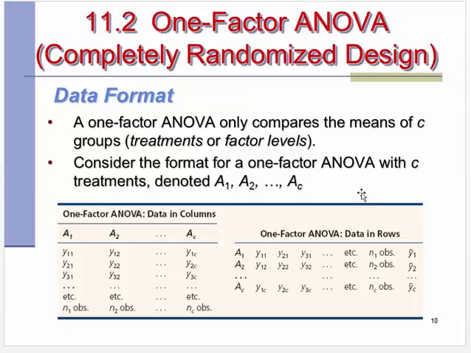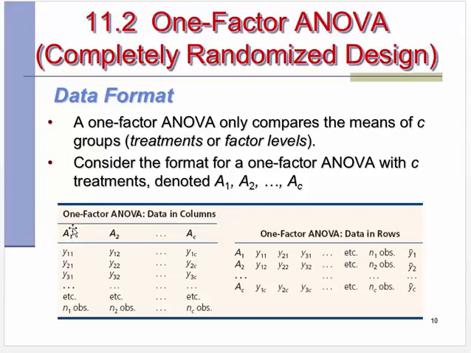Data format. If you use Excel or some software, a one-factor ANOVA only compares the means of C groups. C is the number of groups, treatment groups, or factor levels. Consider the format for one-factor ANOVA with C treatments denoted as A1, A2, A3, and AC. Right? You can have the data in columns like this.